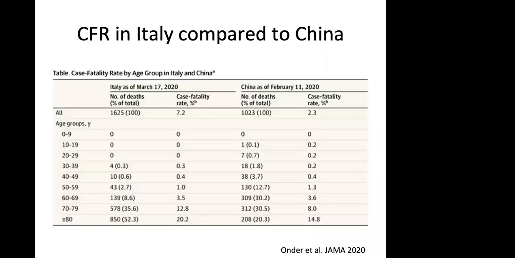Some of the interesting data that emerged from Italy, which was one of the countries that were hit really hard with COVID outbreaks, was the relatively higher rates of case fatality if you compare the same age category with that of China. Nobody really understood why.